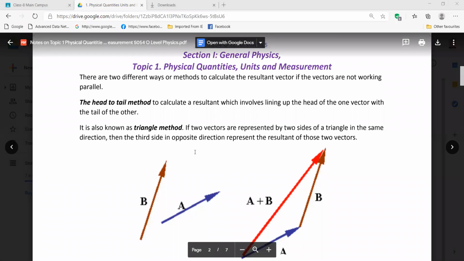I'm writing the formula. This is the resultant. And then you can get the formula this way: a square plus b square.